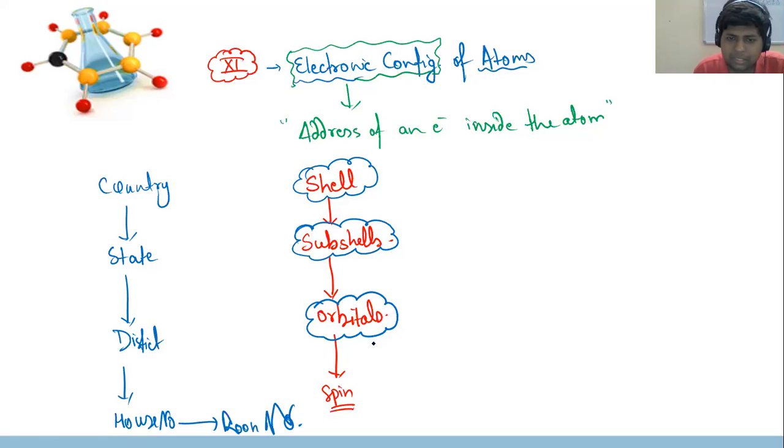Let us say there is an orbital. Orbital we generally represent by a rectangular diagram like this. In this orbital 2 electrons can be accommodated, right? So both these electrons are represented like this. This represents positive spin, this represents negative spin. Both of these arrows are actually electrons.